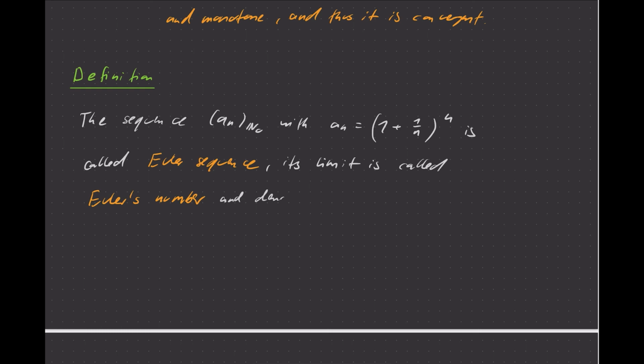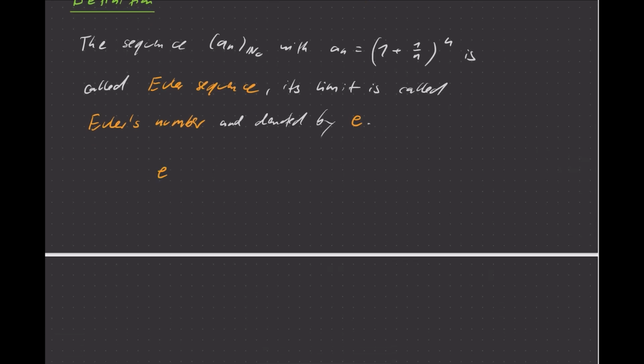And this number is denoted by the letter e, like this. So our definition here is e is defined as the limit of 1 plus 1 over n to the power of n.